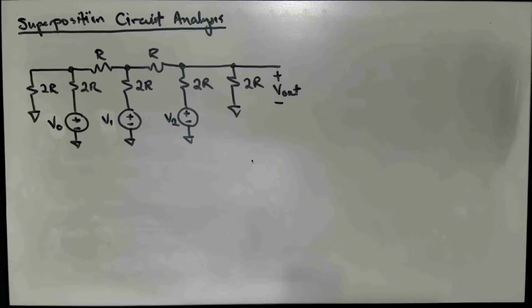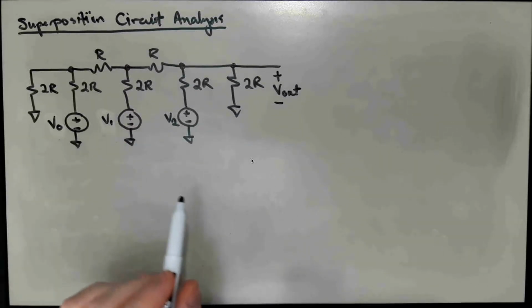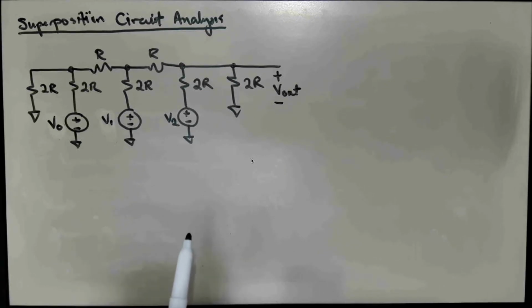Now this is an R-2R ladder network, similar to the one that you'll be looking at in Lab 1, but it's used in a different way. It has several input voltage sources, so this is a good candidate for superposition.